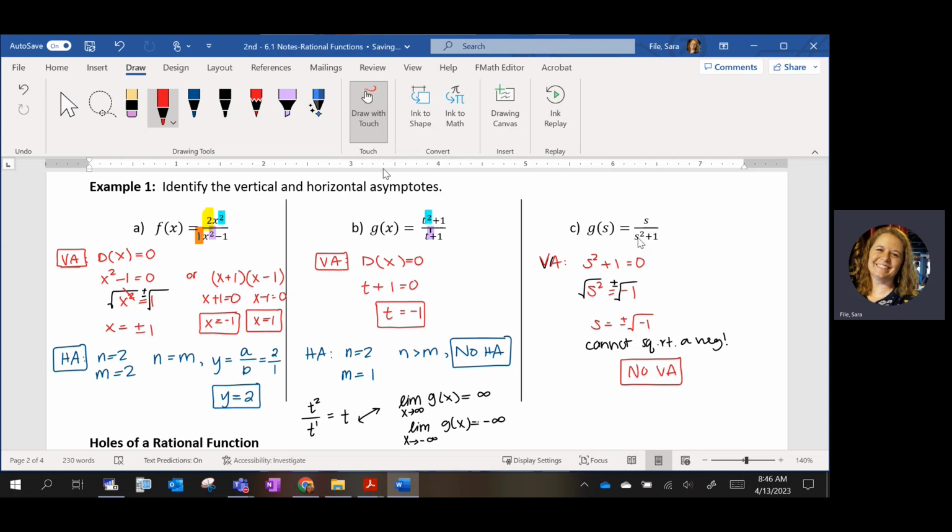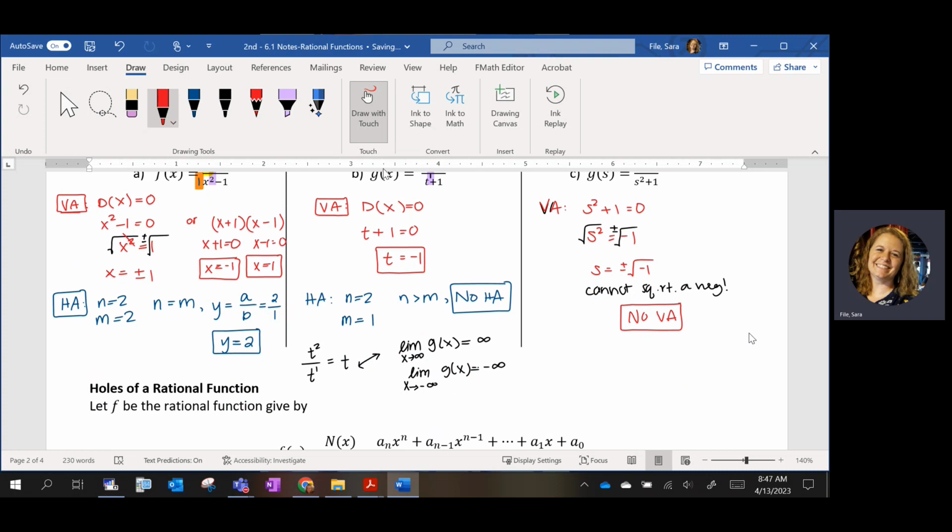There is no number that we could plug in here and get a 0, is there? Because no matter what we plug in, we're going to get a positive number, whether we plug in a positive or a negative, and then we're going to add 1 to it. Or if we plug in a 0, we're going to get 0 and add a 1 to it. There's no way this is ever going to come out equal to 0. So that means there is no vertical asymptote.